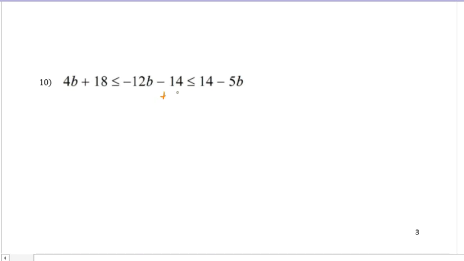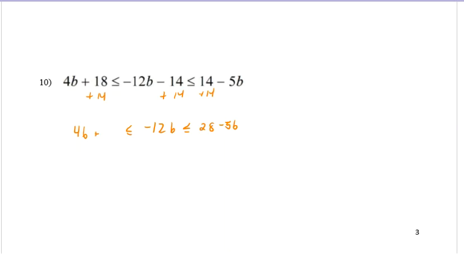So if I try to add 14 to all 3 sides, of negative 12b in the middle, and 28 minus 5b, and 4b plus 2. Now the problem here is this 4b and negative 5b.